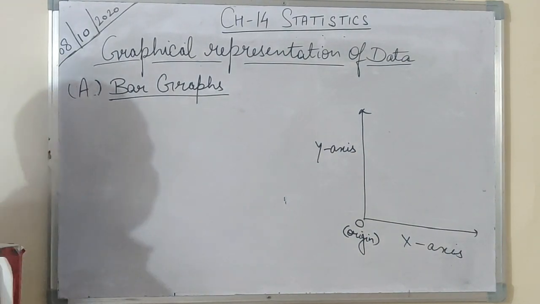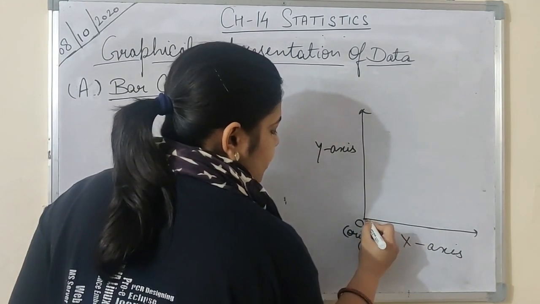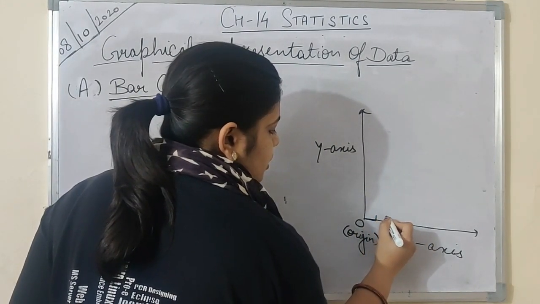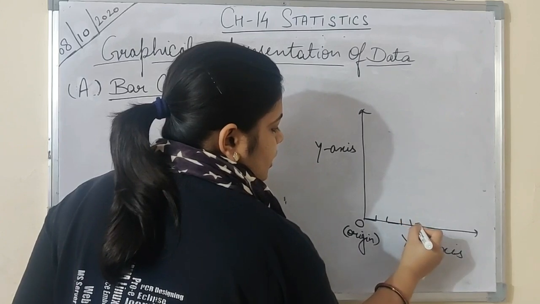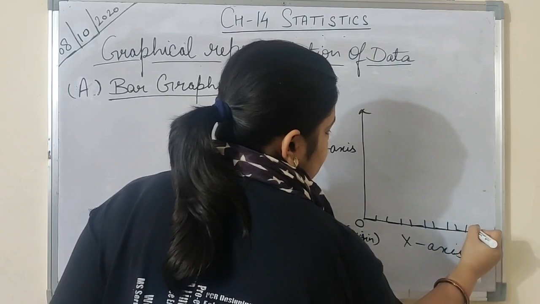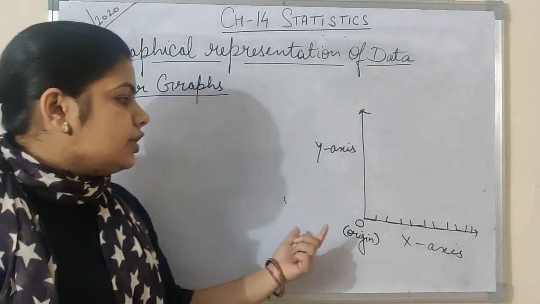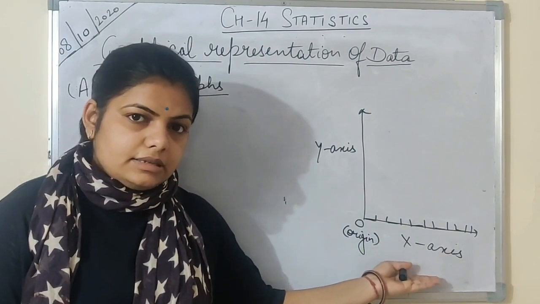Now for a bar graph, there should be an equal gap between each representation, equal spacing you can say. Whatever information is given, you will be writing it on the x-axis.